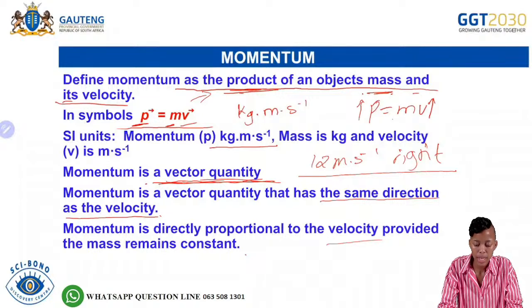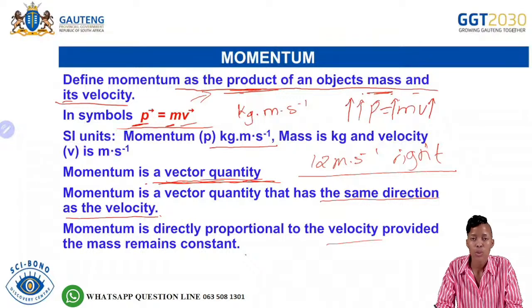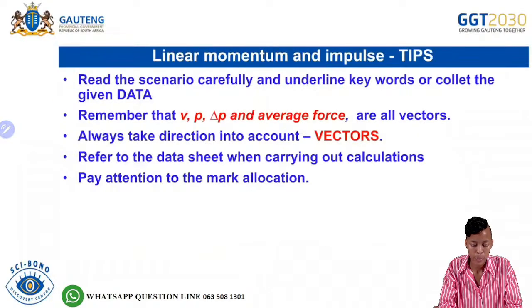Again, if your mass increases, we are expecting that your momentum will increase as well. So the momentum will be directly proportional to the velocity, and again the momentum will also be directly proportional to the mass of the object.